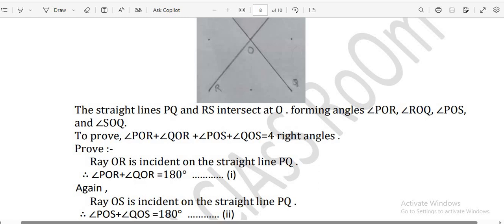Proof: ray OR is incident on the straight line PQ. So angle POR plus angle QOR is equal to 180 degrees, equation number 1.